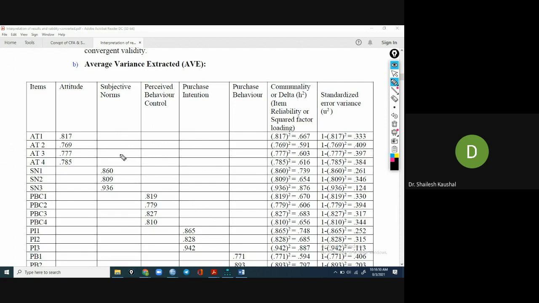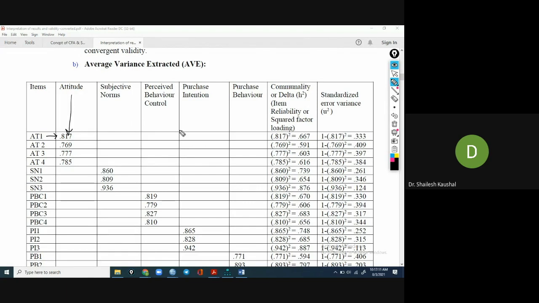Although there is no problem of cross loading in structural equation modeling, because in advance we assume that this variable is only and only related to this attitude, that is unidimensionality or a congeneric model.